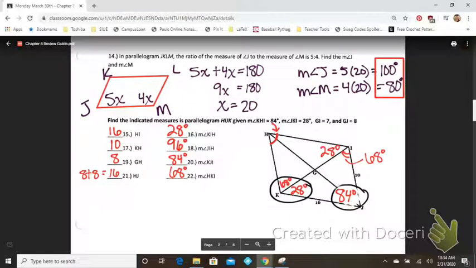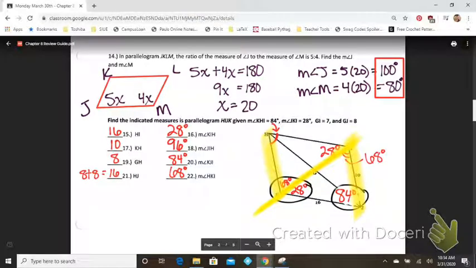Again, a few ways you could reason through it, one of them being that we subtract the two angles we'd already found from 180 since they're all supplementary, or you could use your transversal again, and again we've got alternate interior angles here.